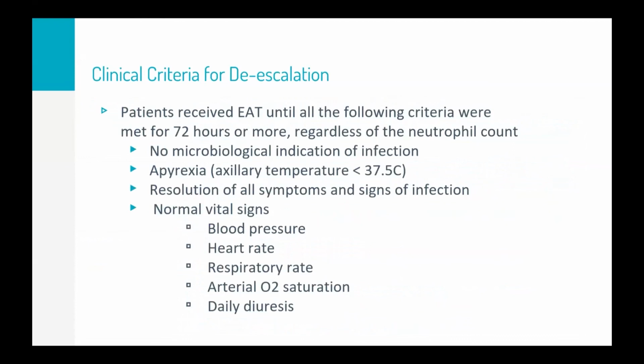And I just want to highlight here the criteria for de-escalation that was used in the trial. If all of the following were met for 72 hours, then they de-escalated antibiotics to no antibiotics. And that is no indication of infection, afebrile, resolution of signs and symptoms of infection, and normal vital signs.